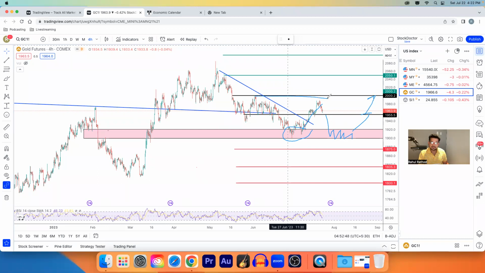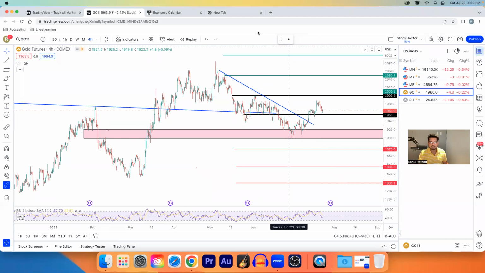And if it stays above 2000, then definitely 2050 and 2100 are the short term targets. And what about the downside? Downside is below 1900, that is 1875, 1835, and 1800. These are the three downside levels.